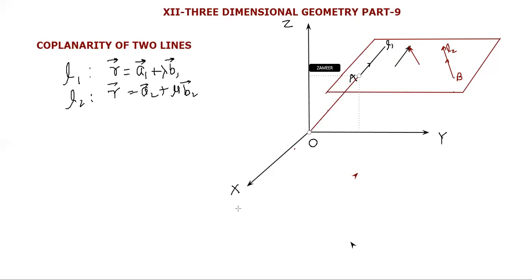This is the position vector OA, and this is the position vector OB, and we represent them by vector a1 and vector a2. This is vector b1, this one, and this is vector b2.